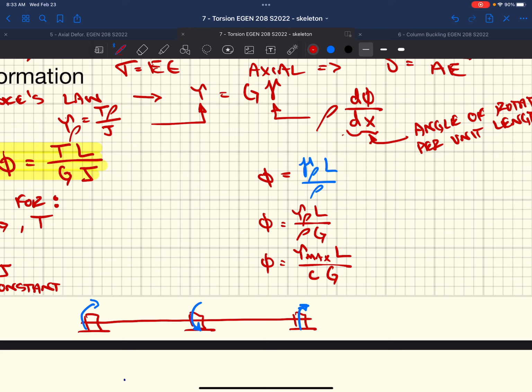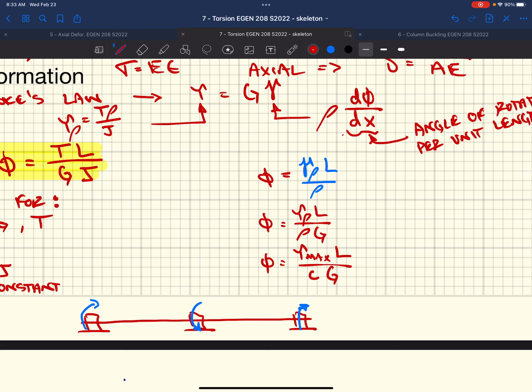Yes. So the difference between the shear stress of rho and the shear stress max, from your second equation to your third one? This is the shear stress of rho, compared to the shear stress of max. So this is the shear stress at some given radius.